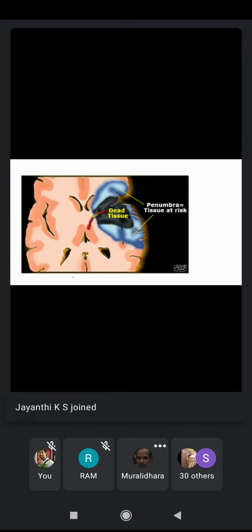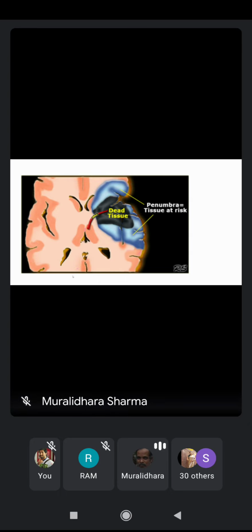And once we have decided that, the first approach is you assess and confirm whether we can treat that patient or not. If we can treat that patient, then the target of the treatment would be, as I said, in any patient of stroke, part of the clinical symptoms would be produced due to the dead tissue, irrespective of the cause, whether it's a hemorrhage or thrombosis.